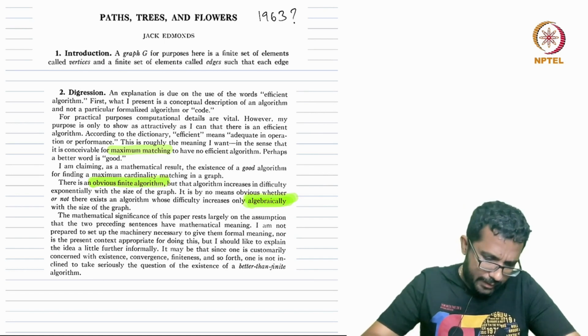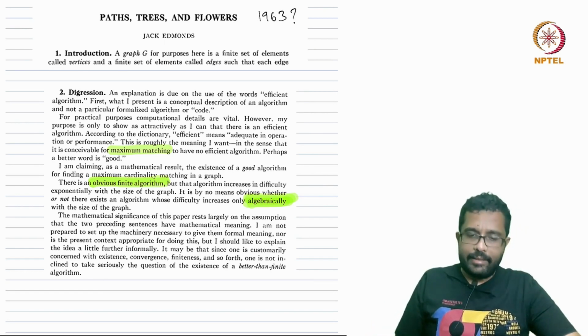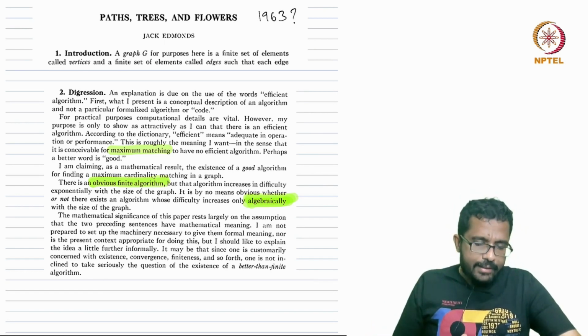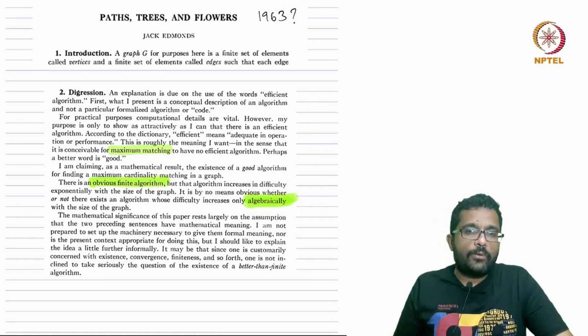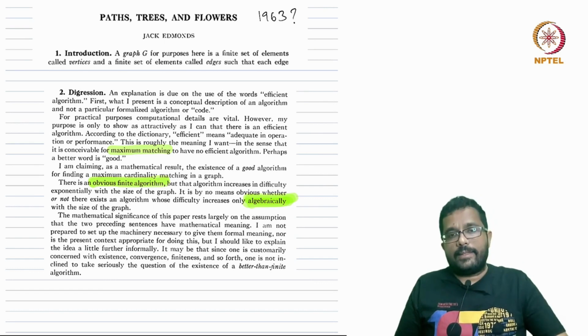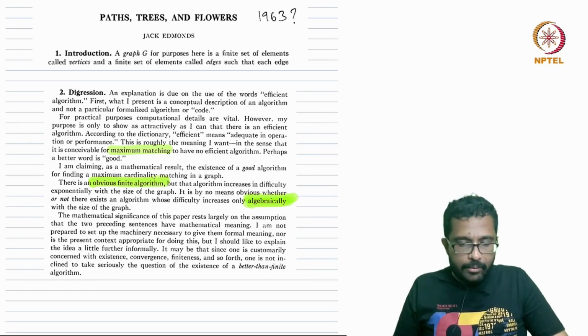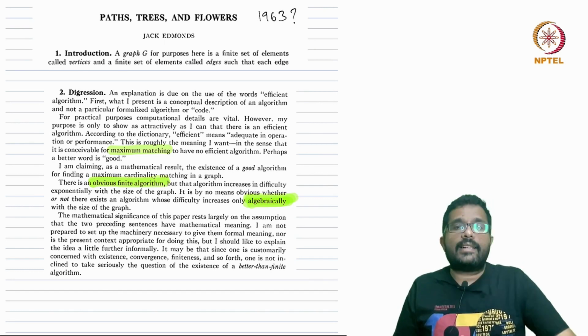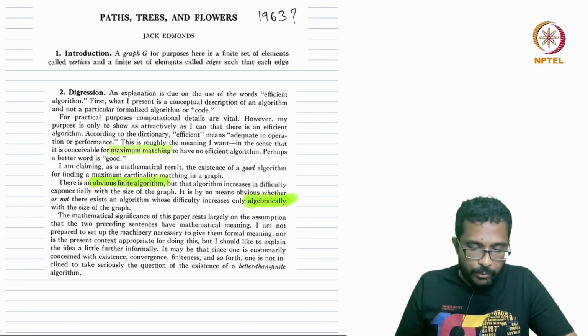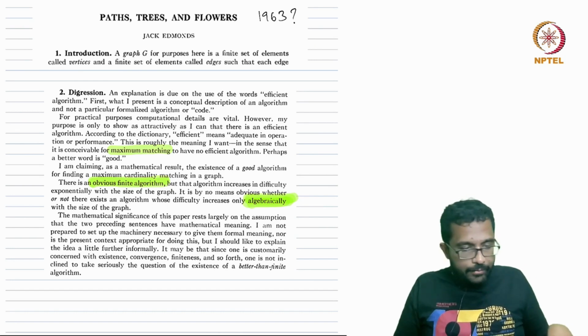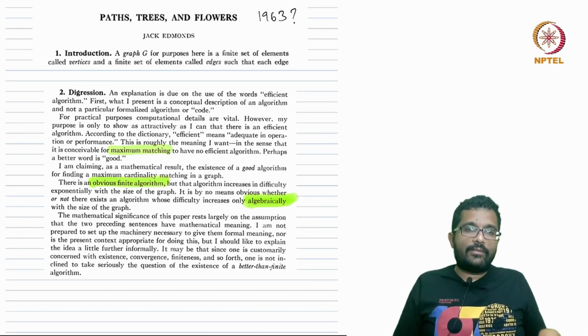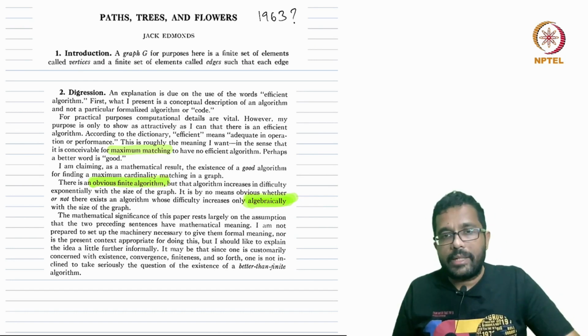And then I think the section digression goes on further. What he's saying is that usually people just look for finite or brute force algorithms because they care about existence, etc. But this is one of the papers where he actually says this is better than the brute force algorithm. That is why he had to motivate this part. Unfortunately for him, the theory would come only around 10 years later.